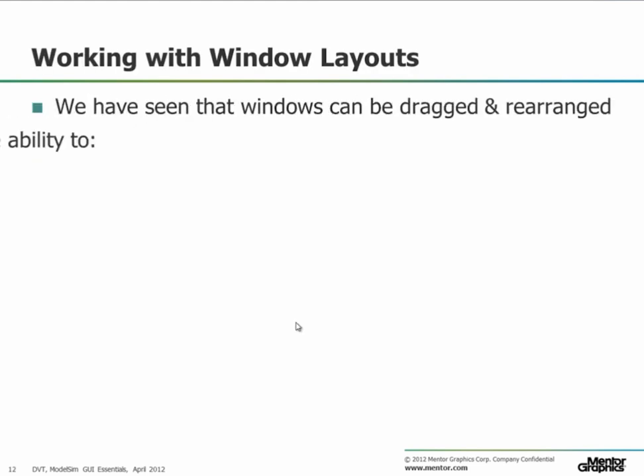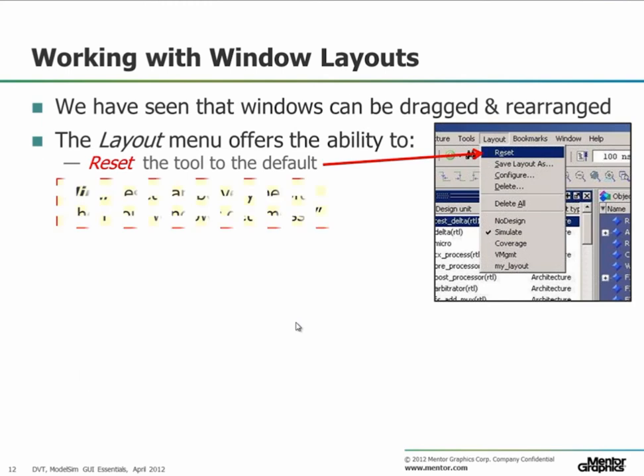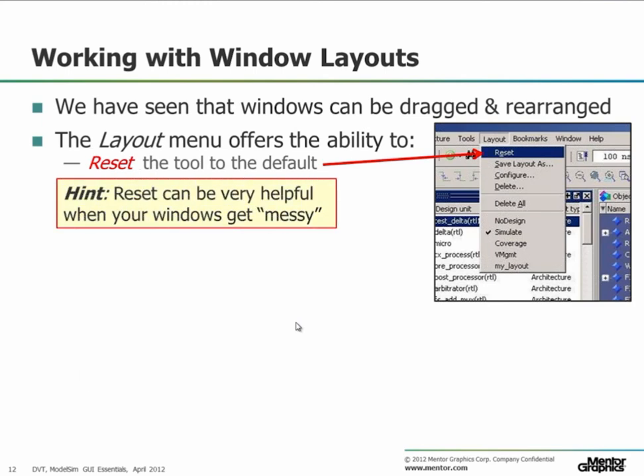So, window layouts. As I said before, we can move windows around. We can rearrange the windows the way we like them. And every once in a while, you'll move a window and it'll get stuck in a corner and you won't like where it is. So you can always go up to this layout reset to put everything back if things get messy.